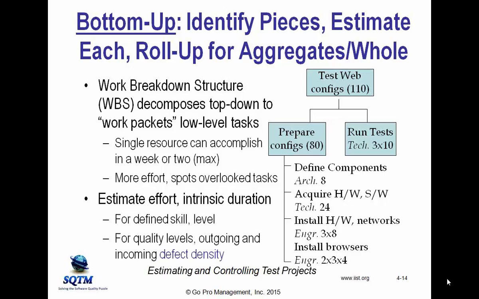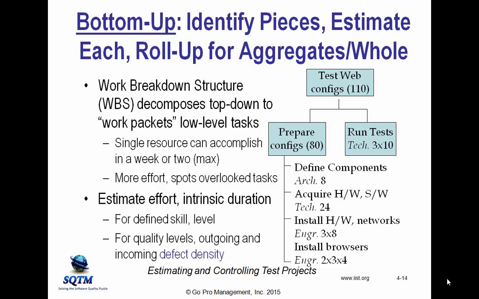Now, for each work packet, we make an estimate of the effort and the intrinsic duration. Intrinsic duration is the elapsed time that's necessary to do something. Very often, it's the same as the effort, but sometimes there are elapsed times that just take a lot longer.